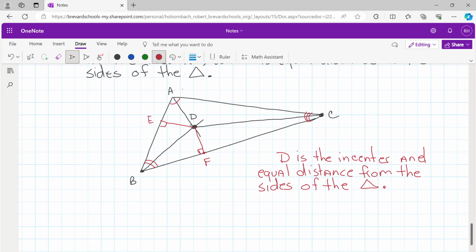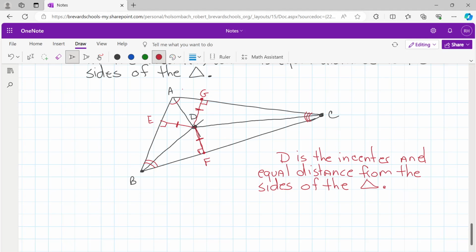And then if I take point G, right here, the distance from D to G is going to be along a perpendicular. Those three segments that I just drew, ED, FD, GD, these are all congruent. They're all equal to each other.